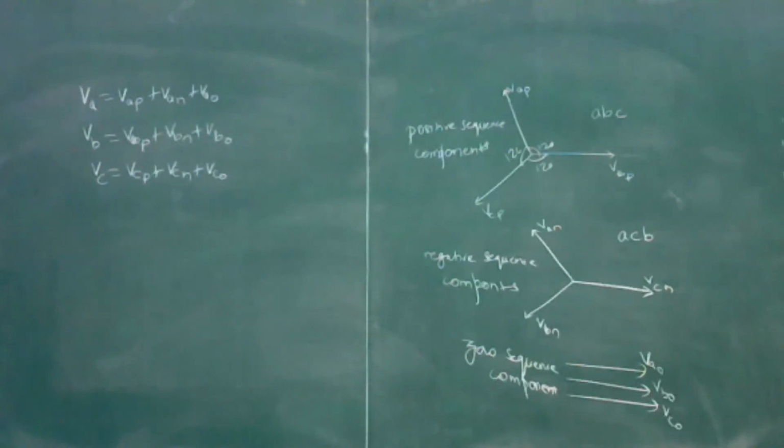So the three-phase set of unbalanced voltages VA, VB, VC can be resolved into three-phase balanced positive sequence, negative sequence, and zero sequence voltages. Okay.